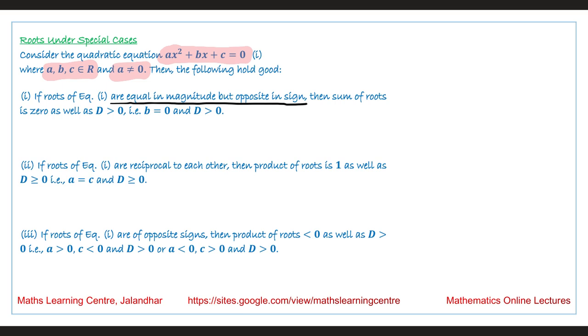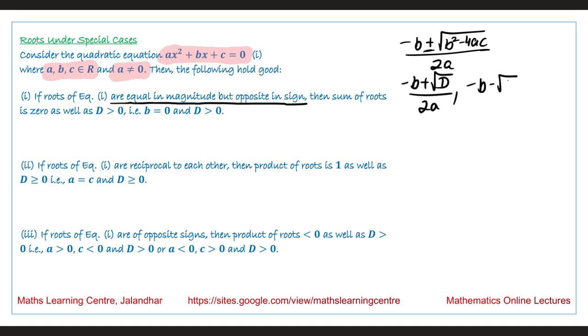We know that the roots of this equation are minus b plus minus square root of b square minus 4ac by 2a. So one root is minus b plus square root d by 2a, and the second root is minus b minus square root d by 2a.